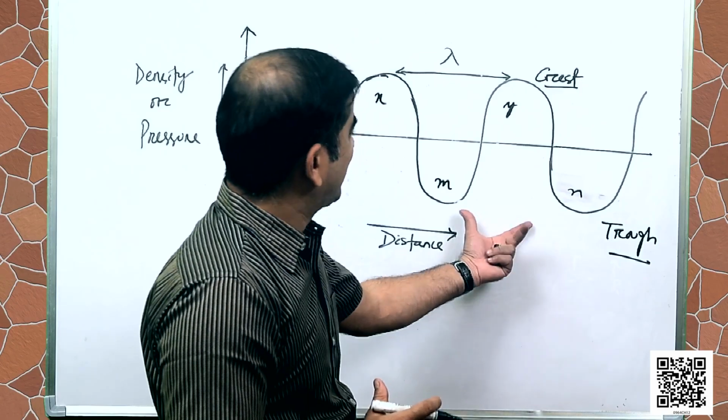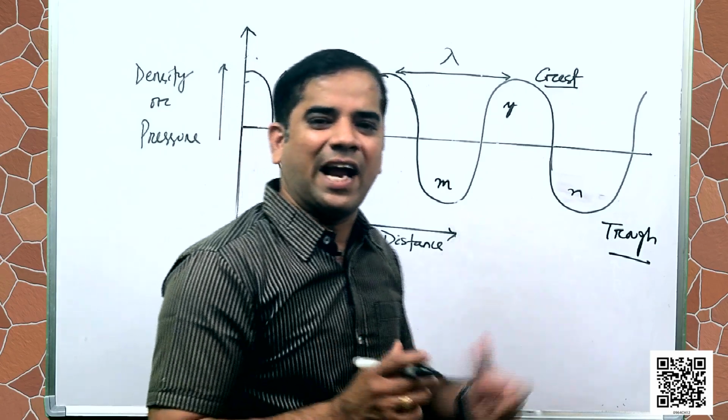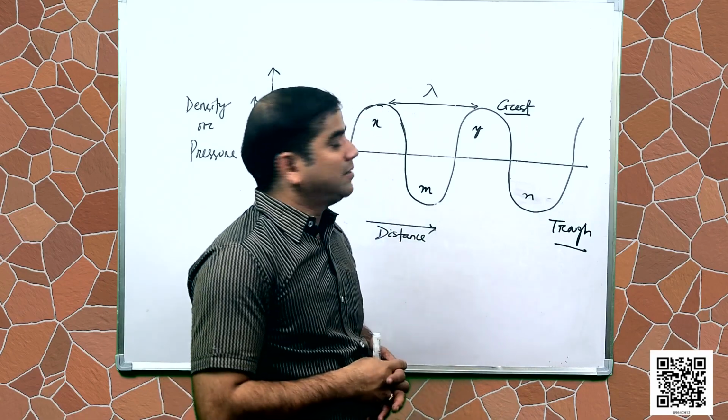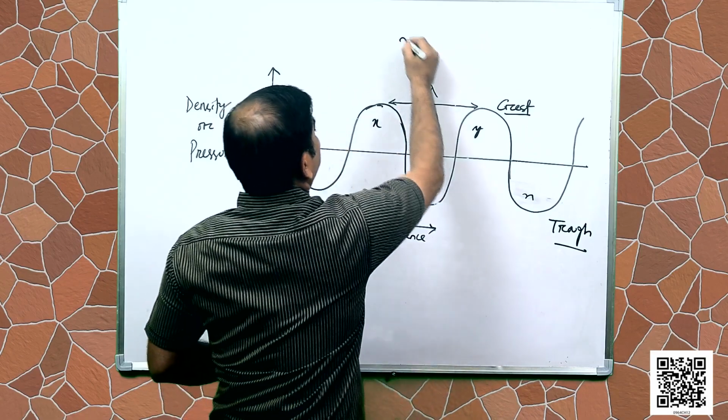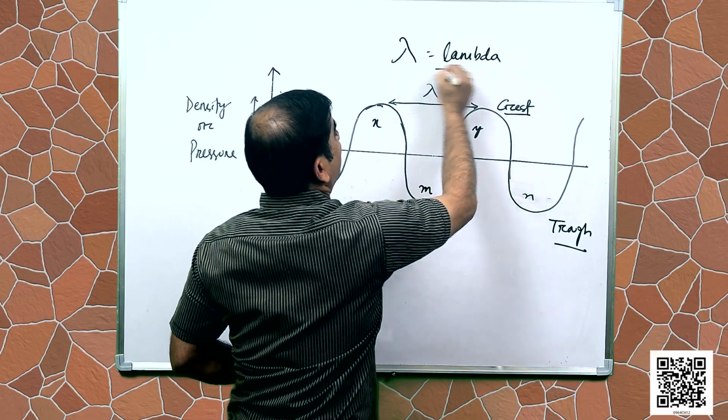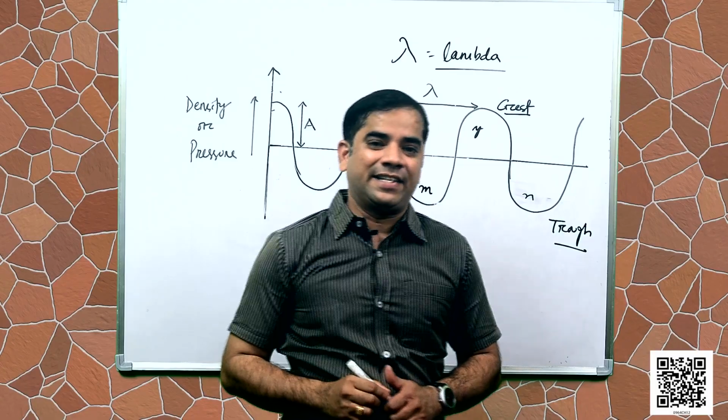As you can see here, or you can refer to diagram 12.8c. Wavelength is represented by the symbol lambda, which is a Greek letter.